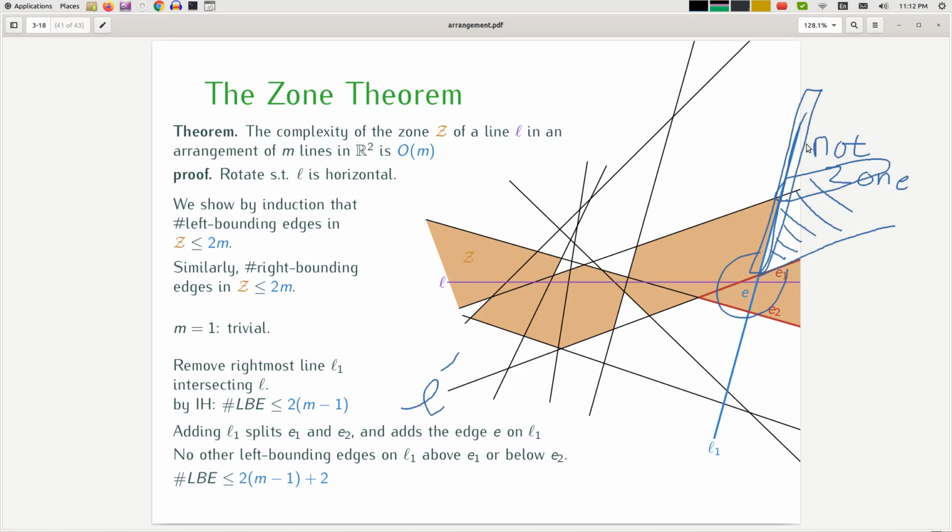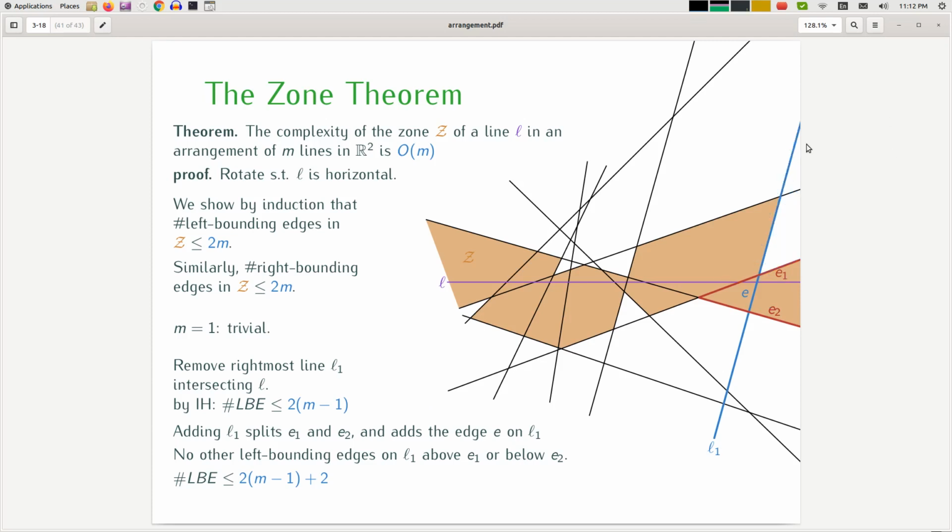So this means that the only edge that can be in the zone of line L is this edge E1. So therefore, by adding line L1, I will increase the number of left bounding edges by at most 1. I can increase the number of left bounding edges by at most 1 below. So therefore, the number of left bounding edges increases by 2.